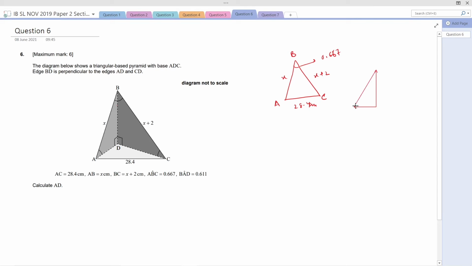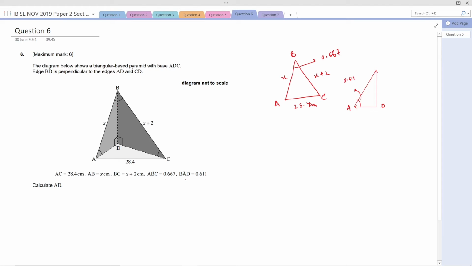So this is A and this is D. This is AD. This angle is 0.611. It is given in the equation, angle BAD to be 0.611.